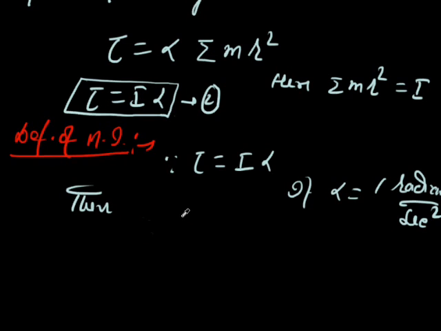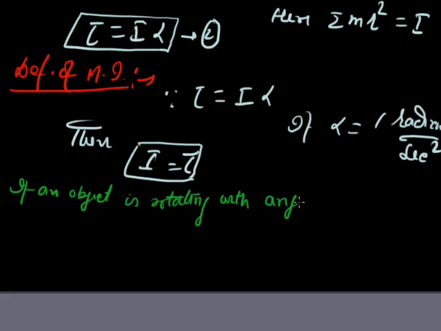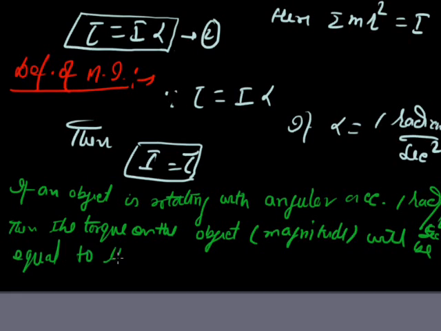We want to define I. It means if an object is rotating with angular acceleration 1 radian per second square, then the torque on the object, that's magnitude only, will be equal to the moment of inertia of the object about that axis.